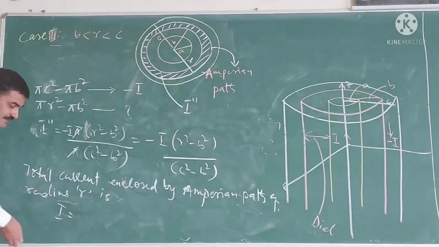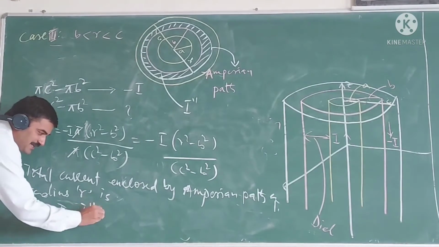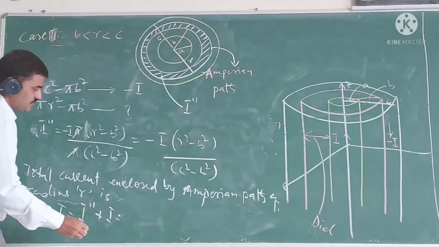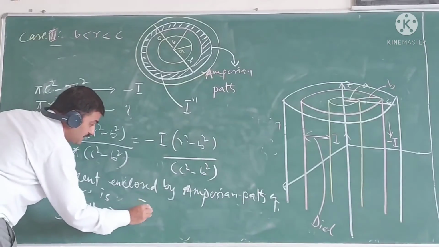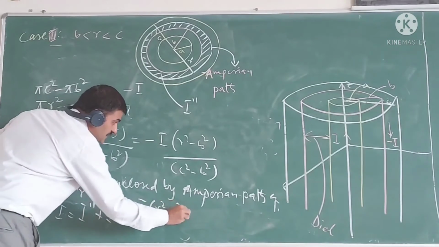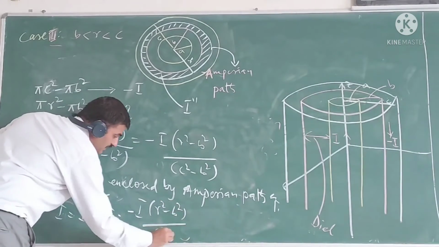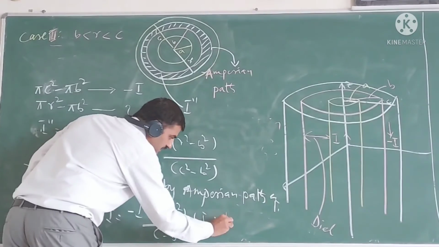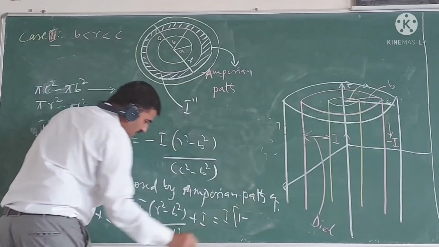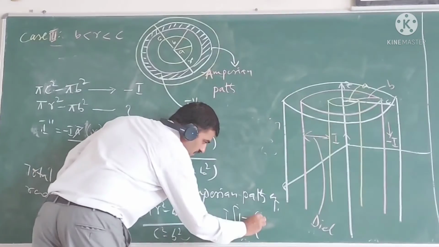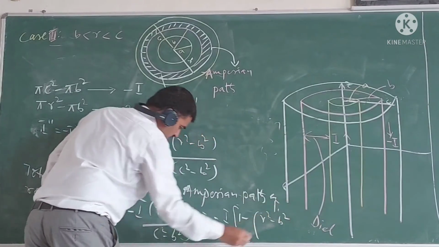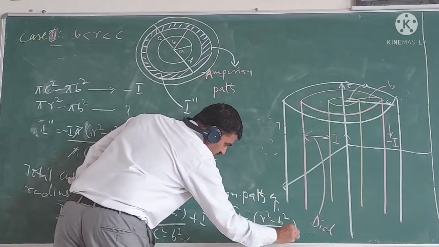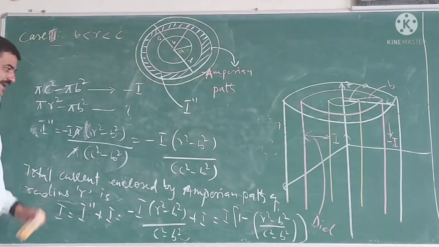I. So it is I double dash plus I, which is minus I times r square minus b square over c square minus b square, plus I. You take I outside, then this will be I times 1 minus r square minus b square divided by c square minus b square. Is it correct, the enclosed I?